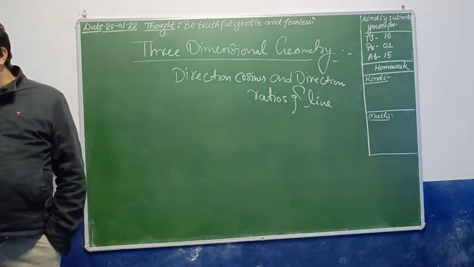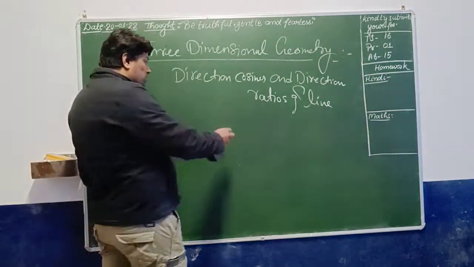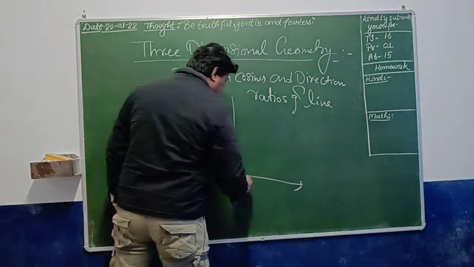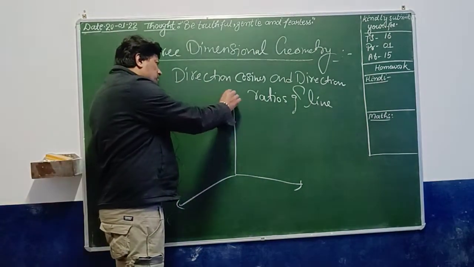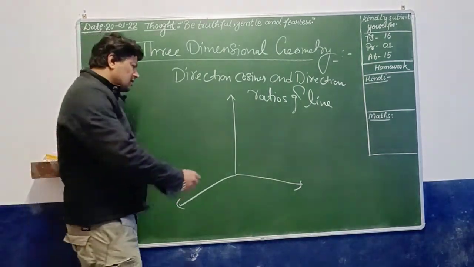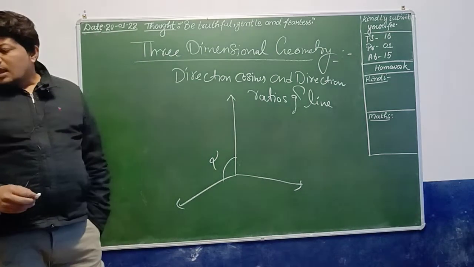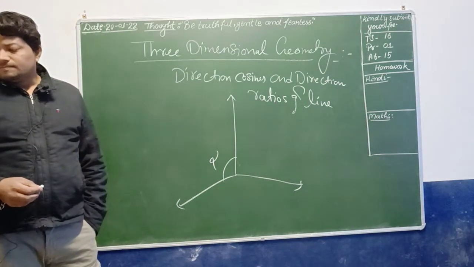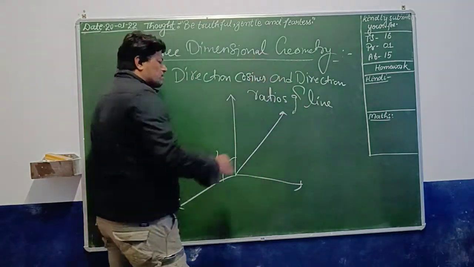If you talk about the direction cosines and direction ratios, first of all we have to complete one thing. If you take this, and if you take alpha, beta, and gamma, clear?